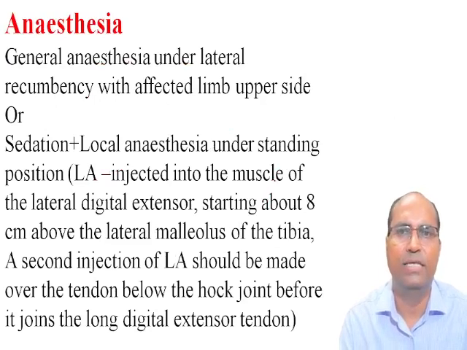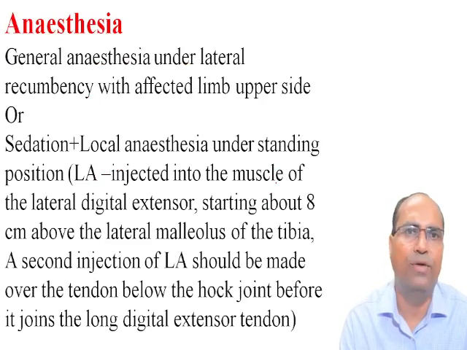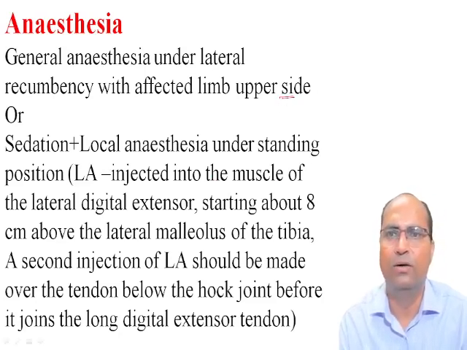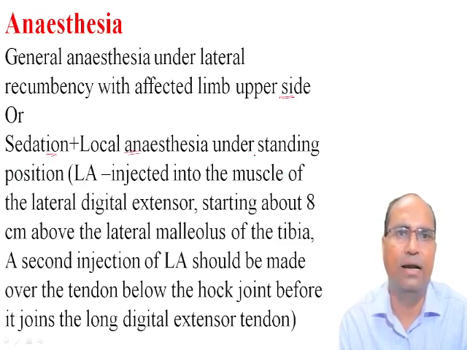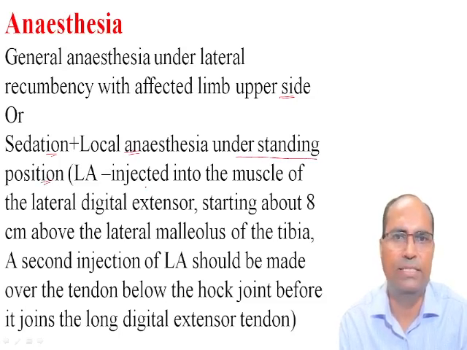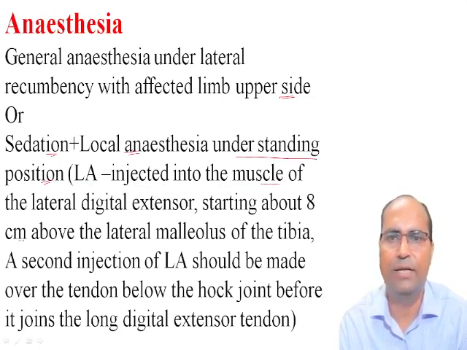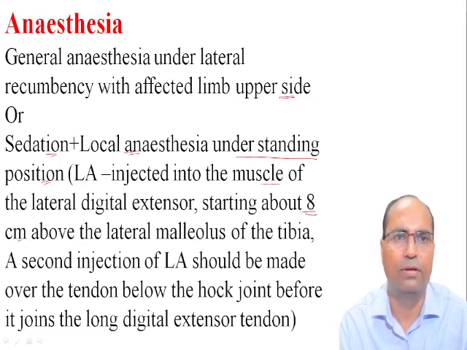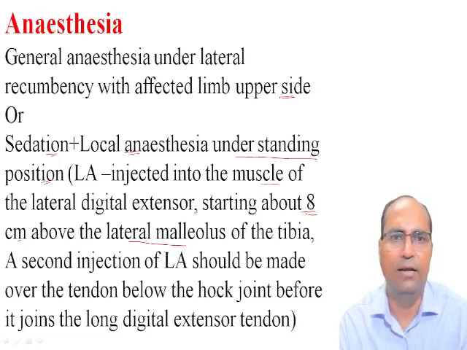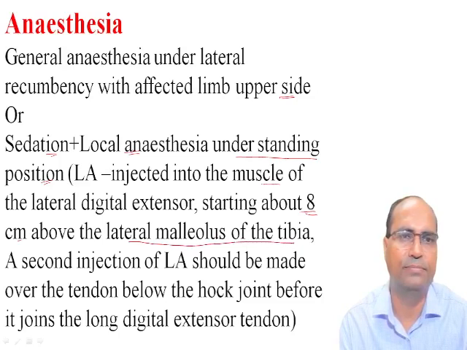Anesthesia: general anesthesia under lateral recumbency with the affected limb upper side, or we can use sedation plus local anesthesia in standing position. The local anesthetic is injected into the muscles of the lateral digital extensor starting about 8 cm above the lateral malleolus of the tibia.